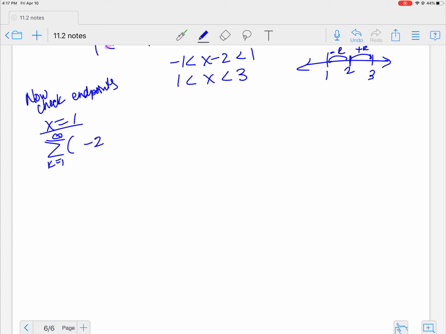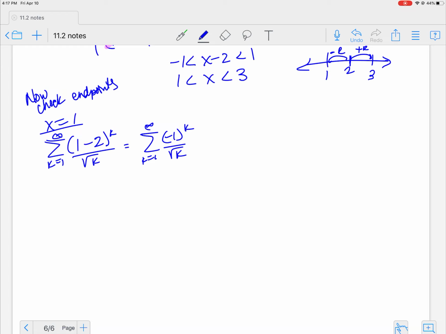Let me make that nicer. (1 minus 2) to the k over the square root of k. So this is now (-1) to the k over the square root of k. So absolute convergence implies convergence, right?